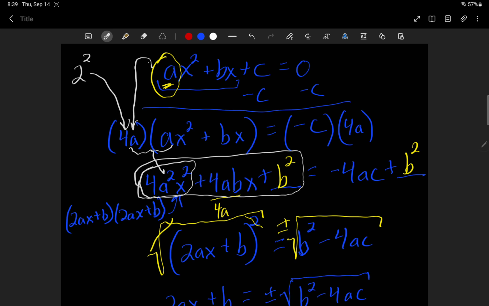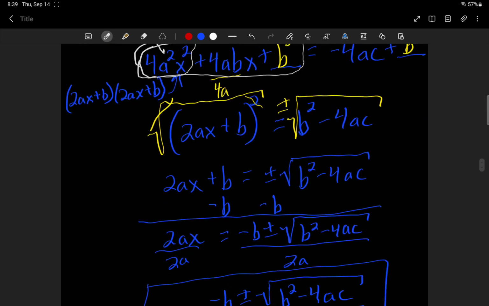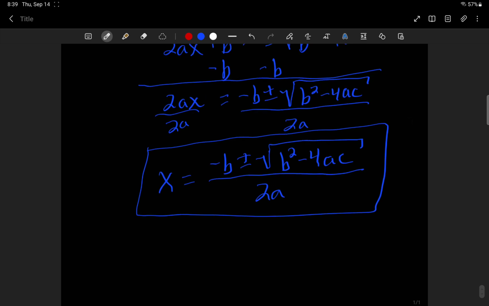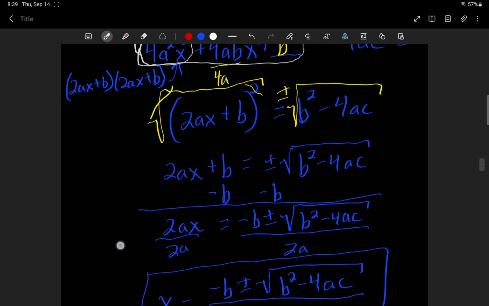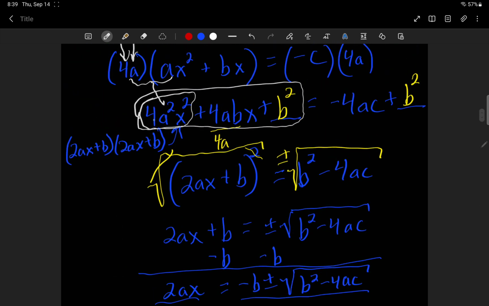In practice, this always works. This is completing the square with a leading coefficient without worrying about dealing with fractions. That being said, with this 4a squared, if your a is something like 15 or bigger, right, you're not only going to square that 15, but then you're going to multiply it by 4.